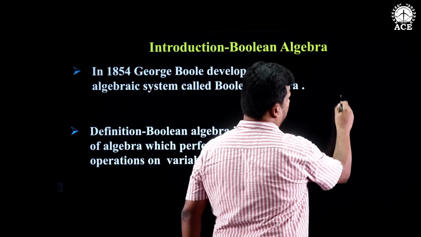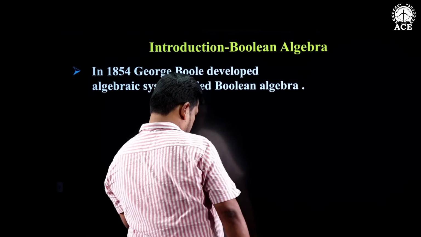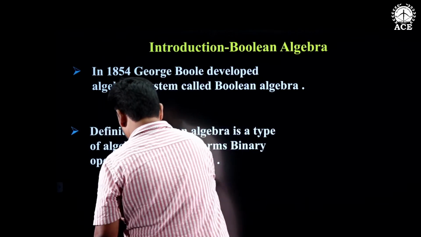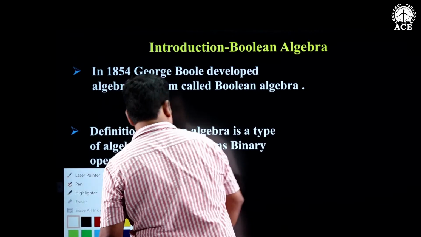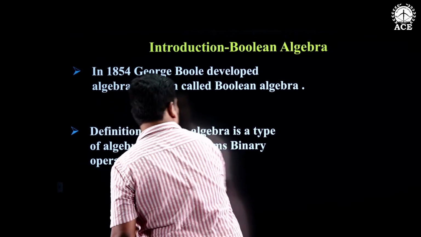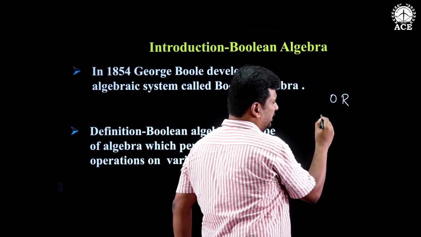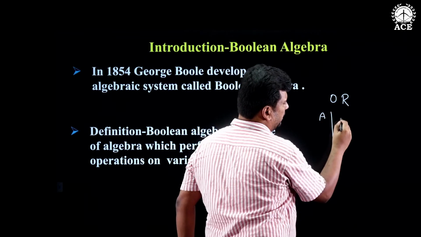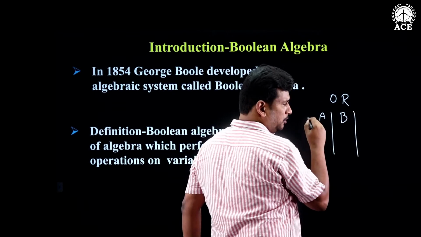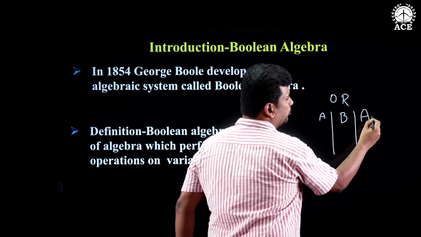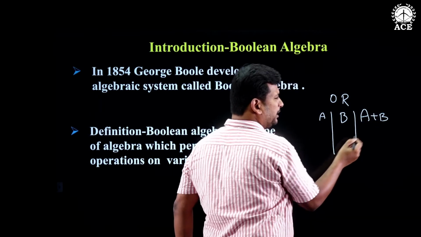One is the OR gate, and another important gate is the NOT gate. So what do you mean by OR gate? Even if one input is high, output is high, and if all inputs are low, output is low. Sir, why are we repeating this?